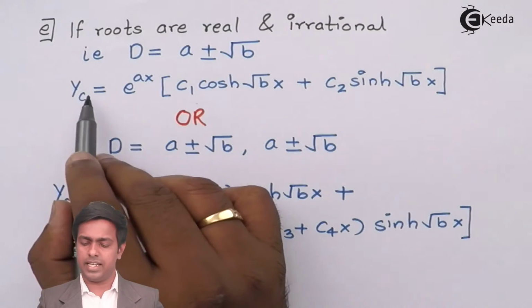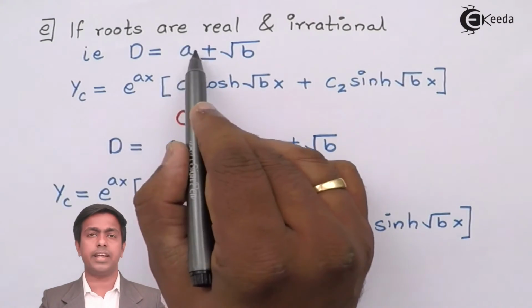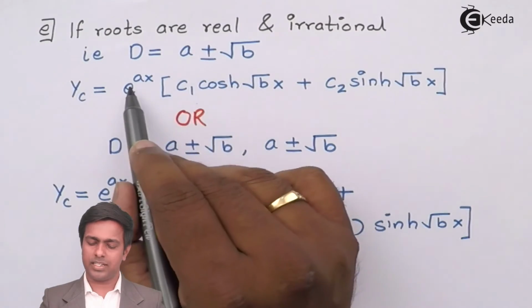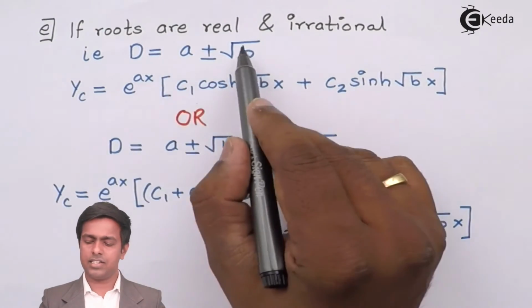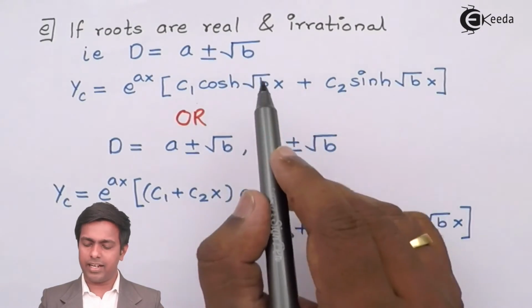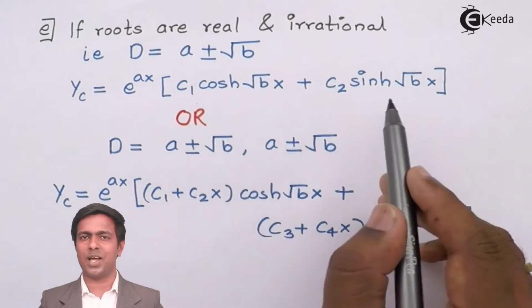So yc is e to the power of the a term which is not inside the root, so that is e to the power ax, and this root b will be the argument of hyperbolic cos and hyperbolic sine.